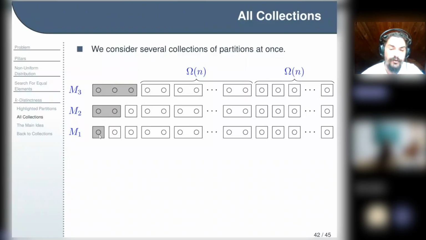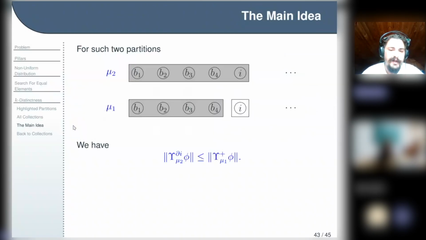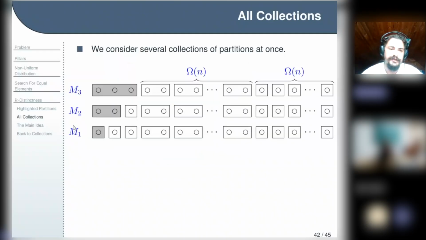The algorithm doesn't know which one, but it has to find one. Only the first one, M3, is relevant to the lower bound, and M2 and M1 are auxiliary. The main idea, if I'm taking two partitions, for instance M3 and M2, is that I'm just concentrating on this rectangle of 3 times 2 elements.